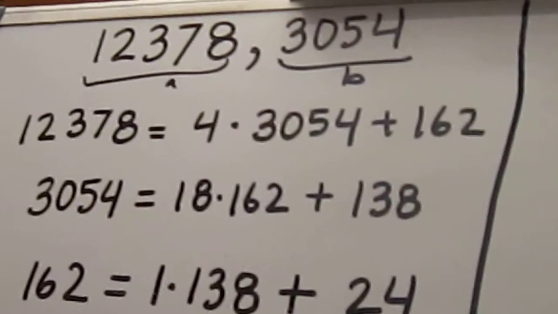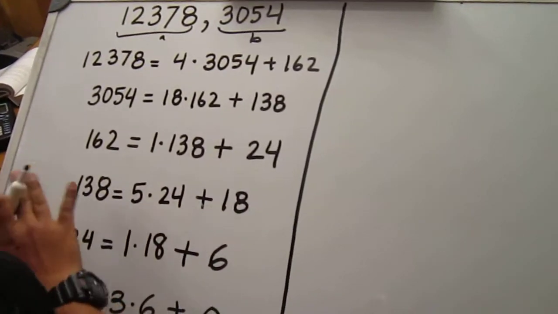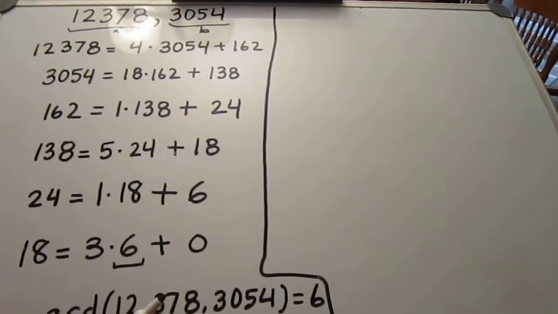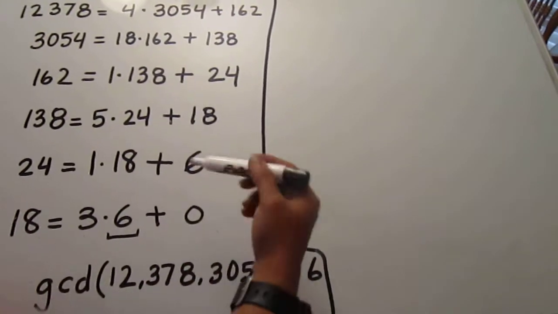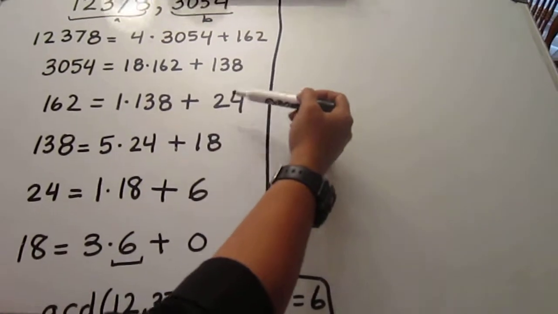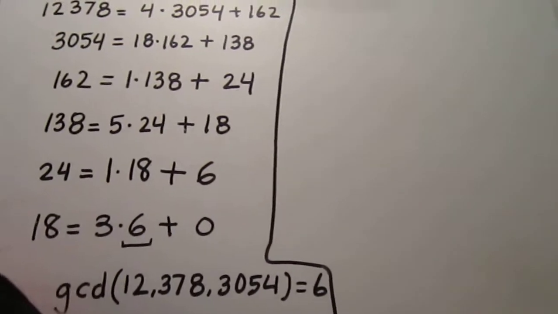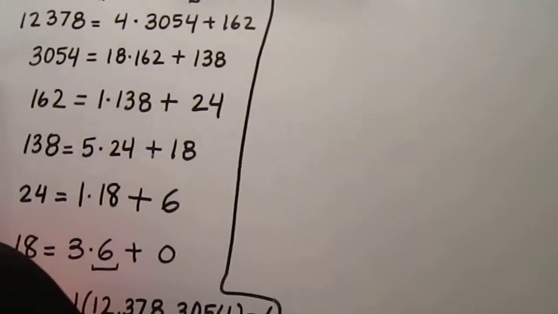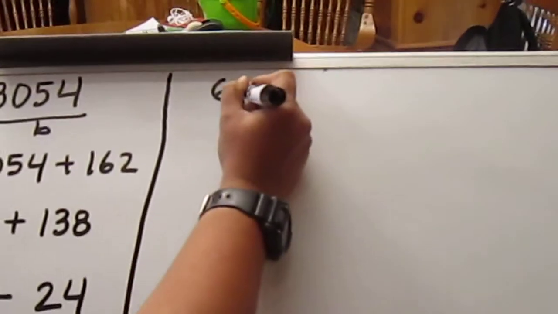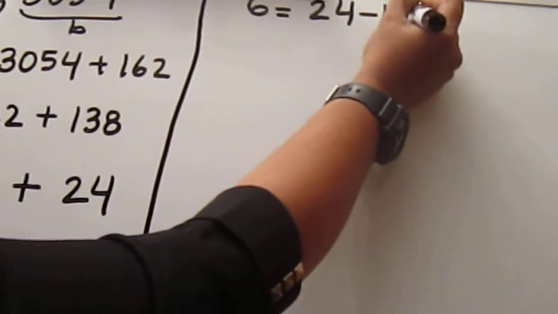So we're just going to represent the linear combination, and we start with the next to the last of the displayed equations and successively eliminate the remainders. We have remainders 18, 24, 138 and 162 to find that linear combination. We start with 6 equals 24 minus 18. How did I get that?